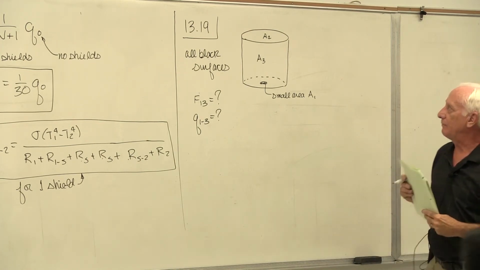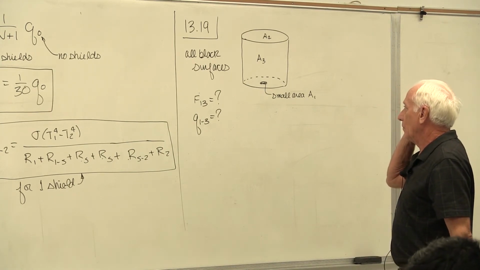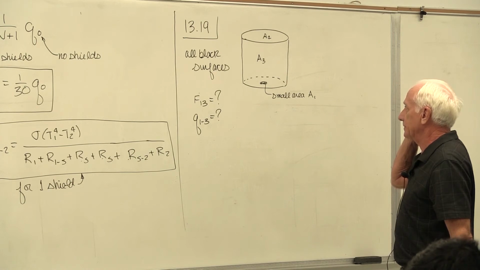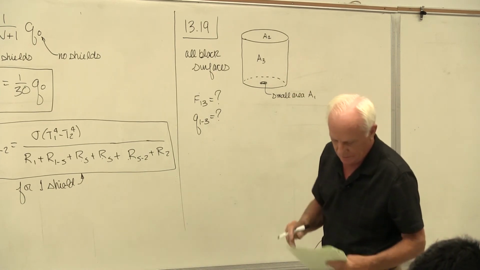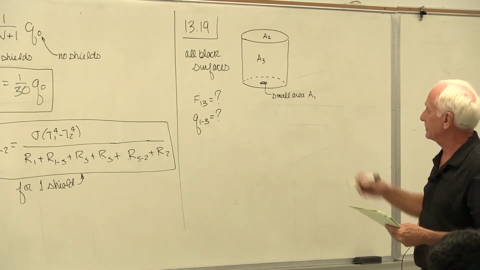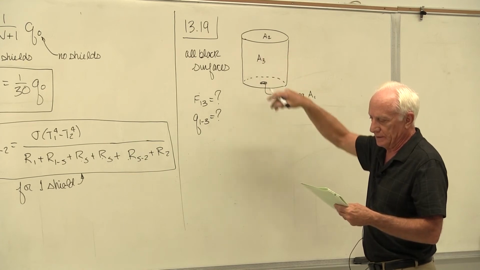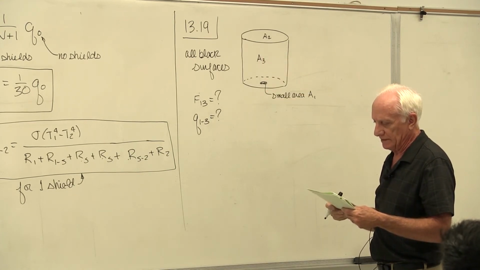All right, let's look at F13 first. 1 is a small surface and 3 is a bigger one. Diameter is 3 meters on A2. The spacing between the two is 2 meters.